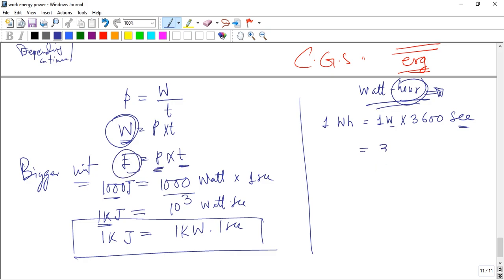So it means 3.6 into 10 to the power 3 watt second.